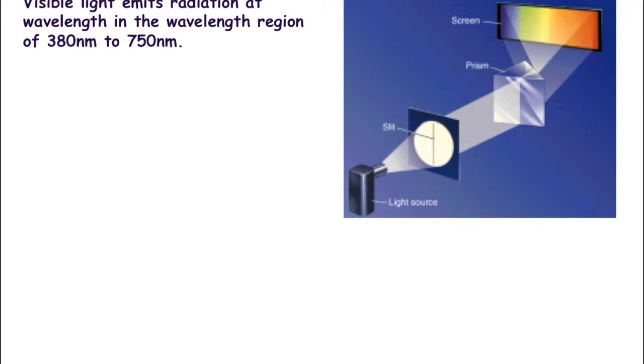And here you can see that if you take white light and pass it through a slit, so you get one type of light going in one direction, and you put it through a prism, you get the different colors of the rainbow.